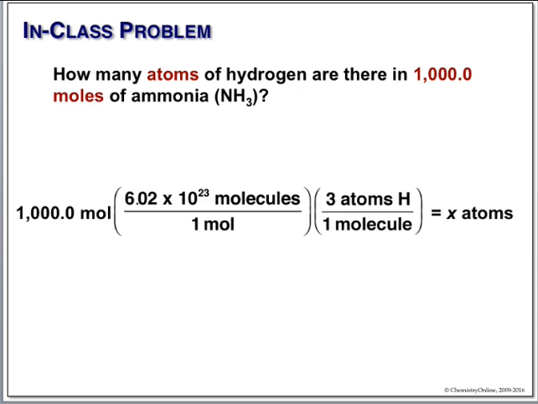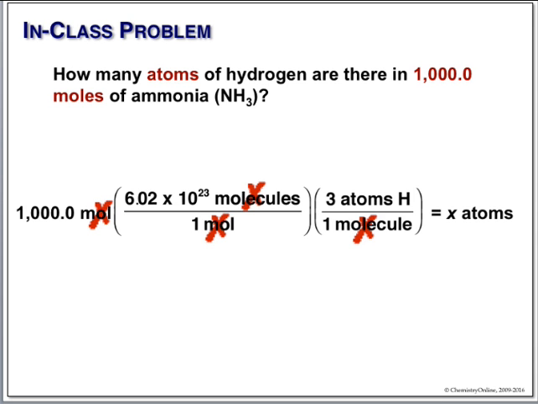And just like in the previous slide, we know that in every molecule, we have 3 hydrogens. So we can sit here and cancel our moles, cancel our molecules, and we're just left with atoms of hydrogen. Do our multiplication. We're going to do 1,000, multiply it by 6.02 times 10 to the 23rd, and then multiply it by 3.